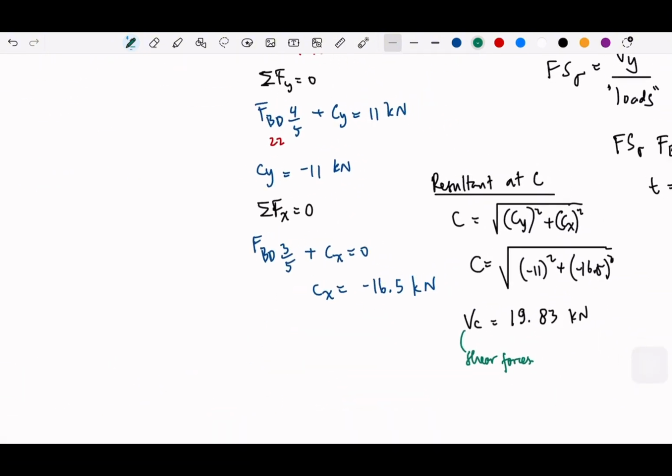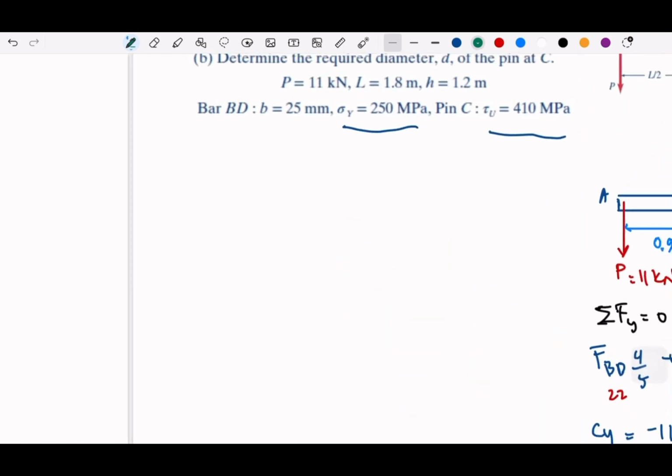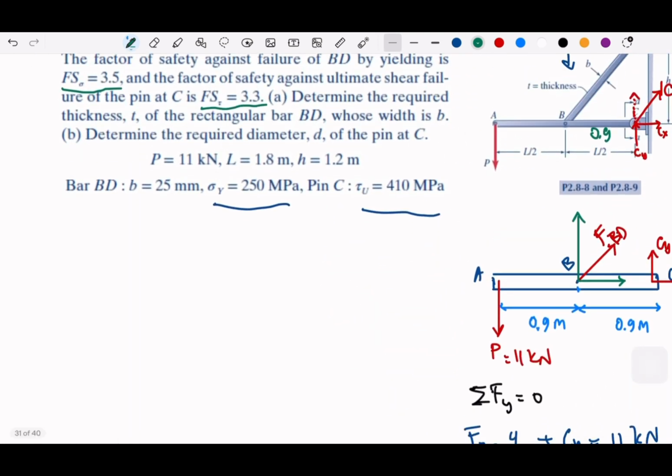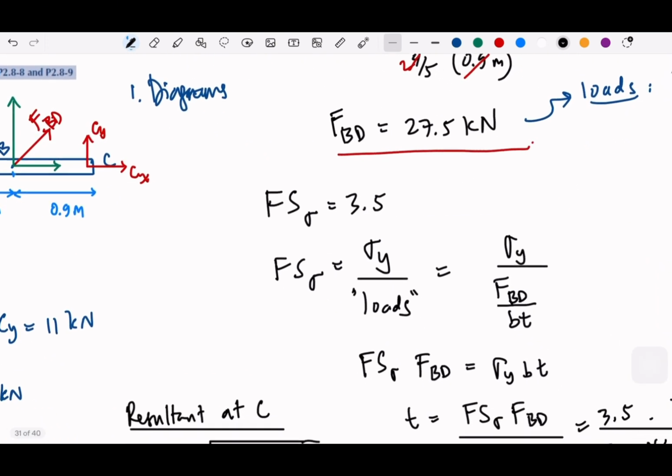Now we can write down, let me write here. The safety factor works very similarly between sigma and the shear. So for the shear it is 3.3. This means the same as what we have here.